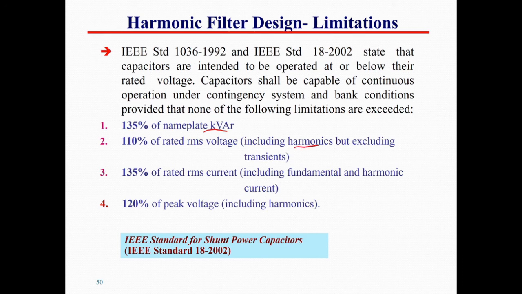With regard to current, 135% of the rated current, including also harmonic. And also the peak voltage should be limited to 120% of the peak voltage of the capacitor, including harmonic. Okay, so those are the IEEE standard for shunt power capacitor.